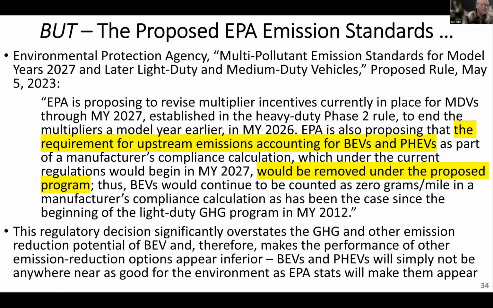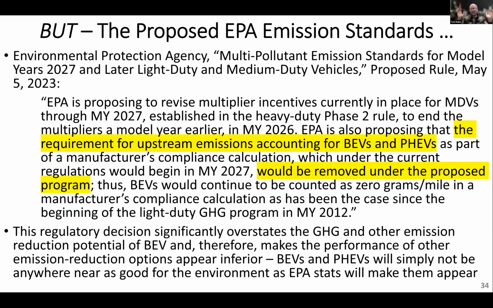The requirement for upstream emissions accounting for battery electric and plug-in hybrid electric vehicles would be removed. In other words, the EPA is saying that in official government statistics and government decisions for battery electric versus other technologies, it will be considered that there are no upstream emissions in electricity generation.